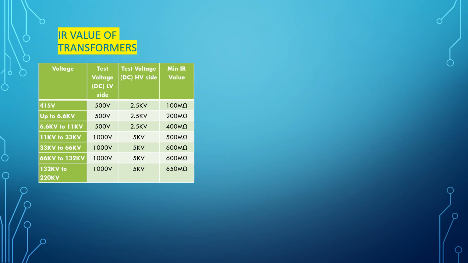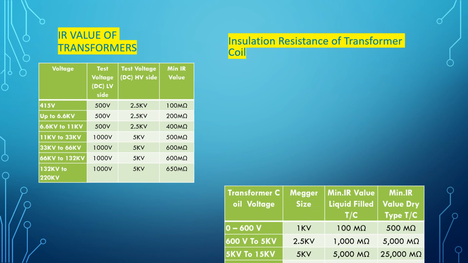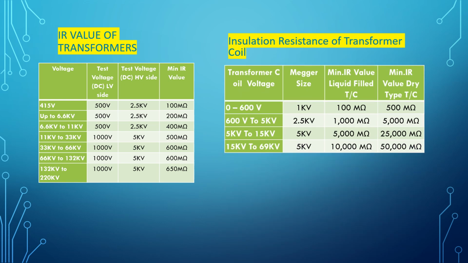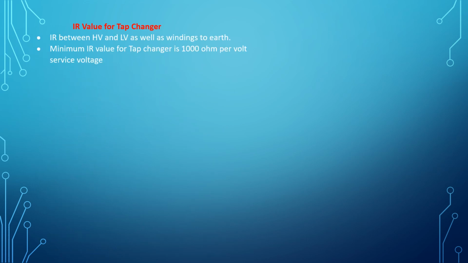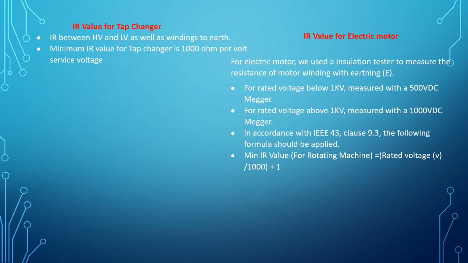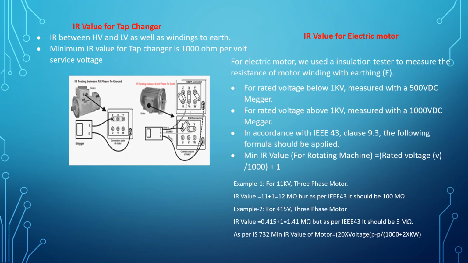Then test voltage for DC, and the minimum value of insulation resistance. So insulation resistance of the transformer coil. So that is our information and our IR value of the tap changer. So for example, our tap changer, this is all the information on our tap changers and motors.